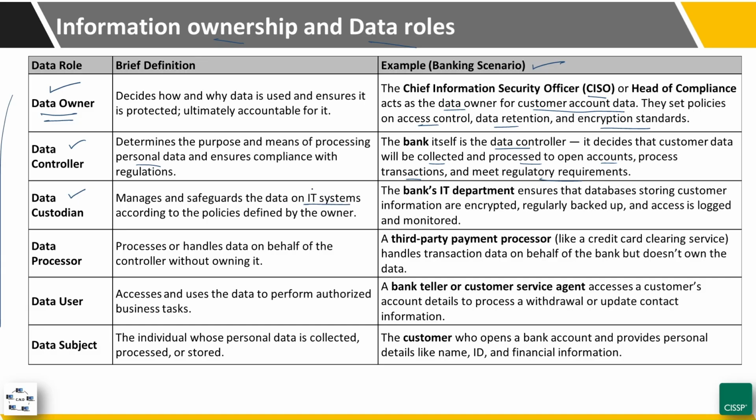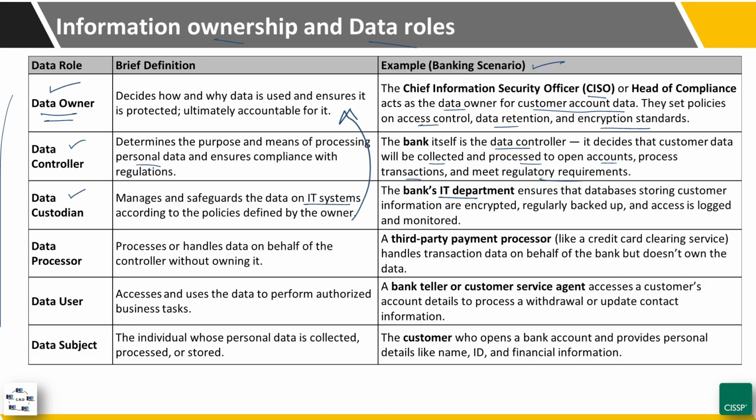So now we are going more specific towards the IT system according to the policies defined by the data owner. So policy, as we already studied in our domain, is a higher level document from the management. So management defines the policies and these policies are then acted upon by the other employees such as the data custodian, like the bank's IT department.